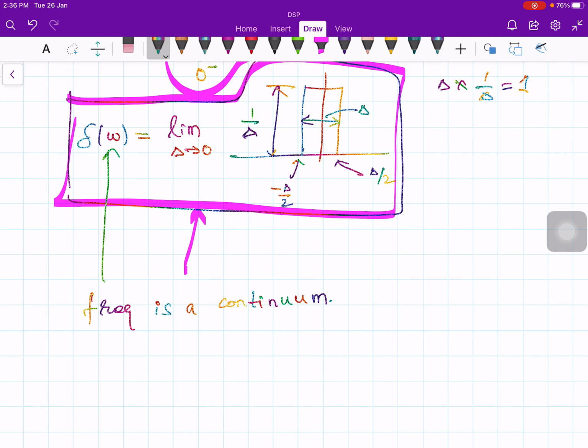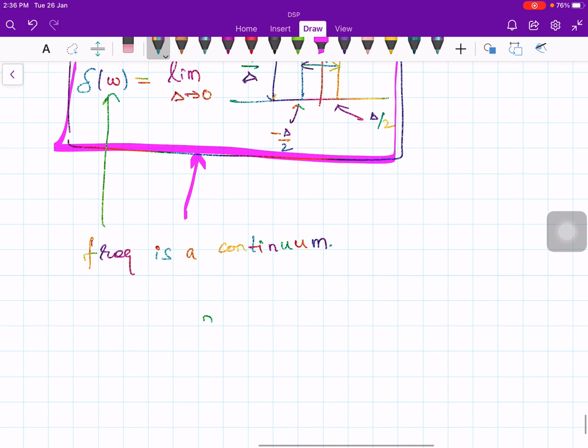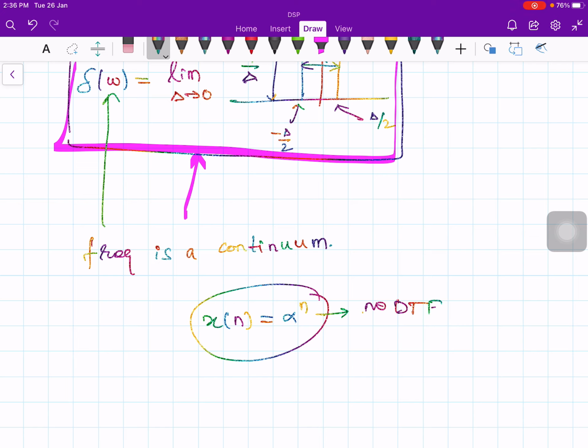So other examples of functions which do not have a DTFT, if the absolute summability and square summability criteria are applied, are alpha to the n. Suppose we have x of n equal to alpha to the n, for this also you have no DTFT, discrete time Fourier transform. Look here, I did not multiply this alpha to the n by u of n or u of minus n.